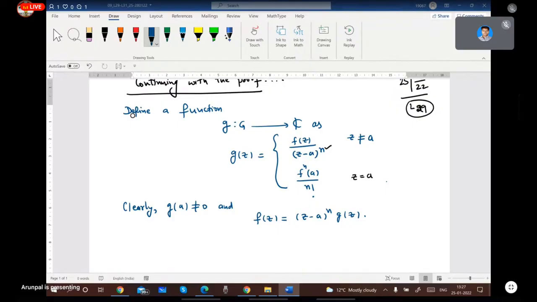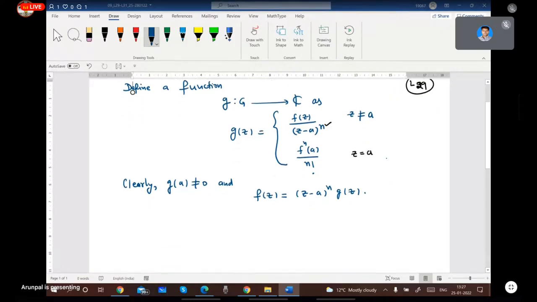Is this okay, class? Yes, sir. Of course, here z is not equal to a. That is understood. This is just the definition.